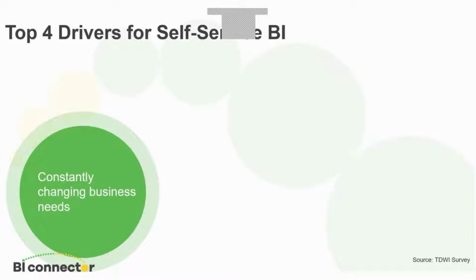So let's begin by looking at the top drivers for self-service capability in today's organizations. According to a survey conducted by the Data Warehouse Institute, the four top drivers for self-service BI are, the first one is the demand from business users to keep pace with changing business requirements.